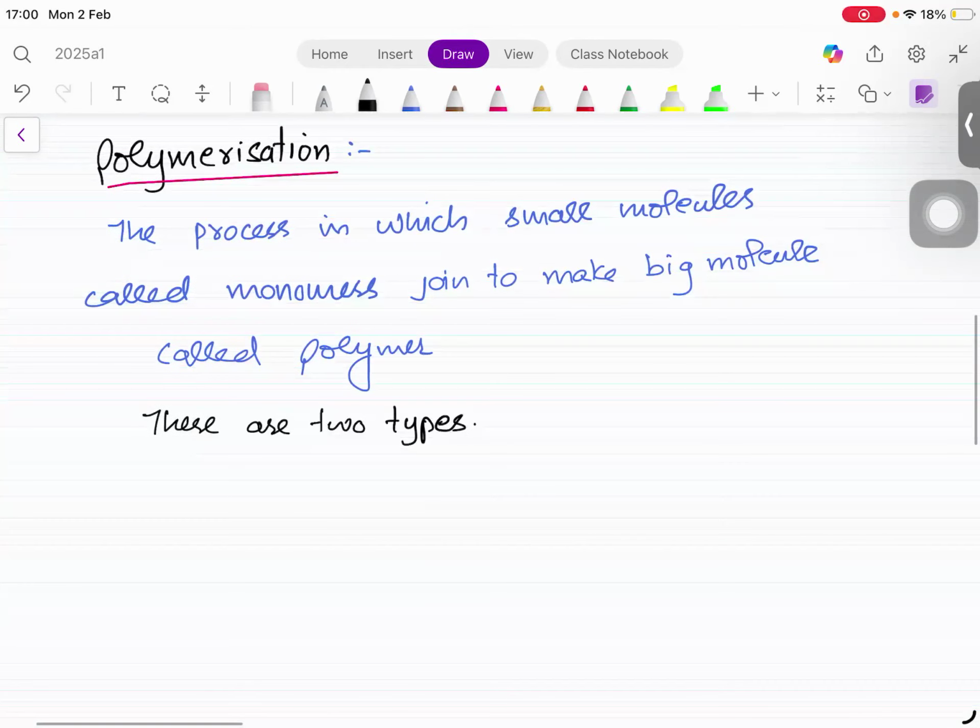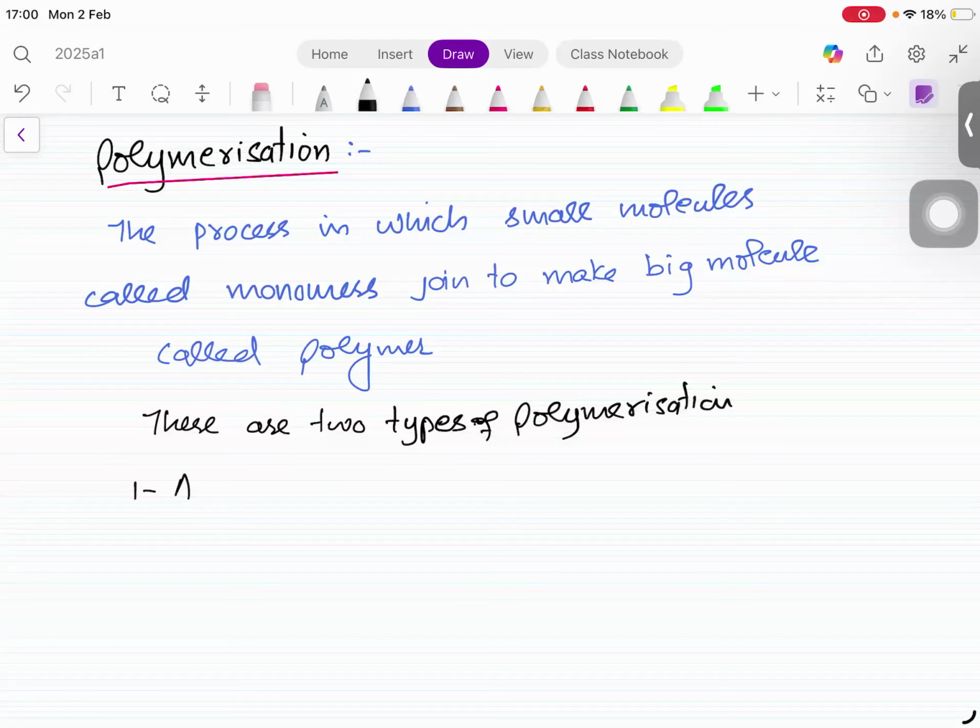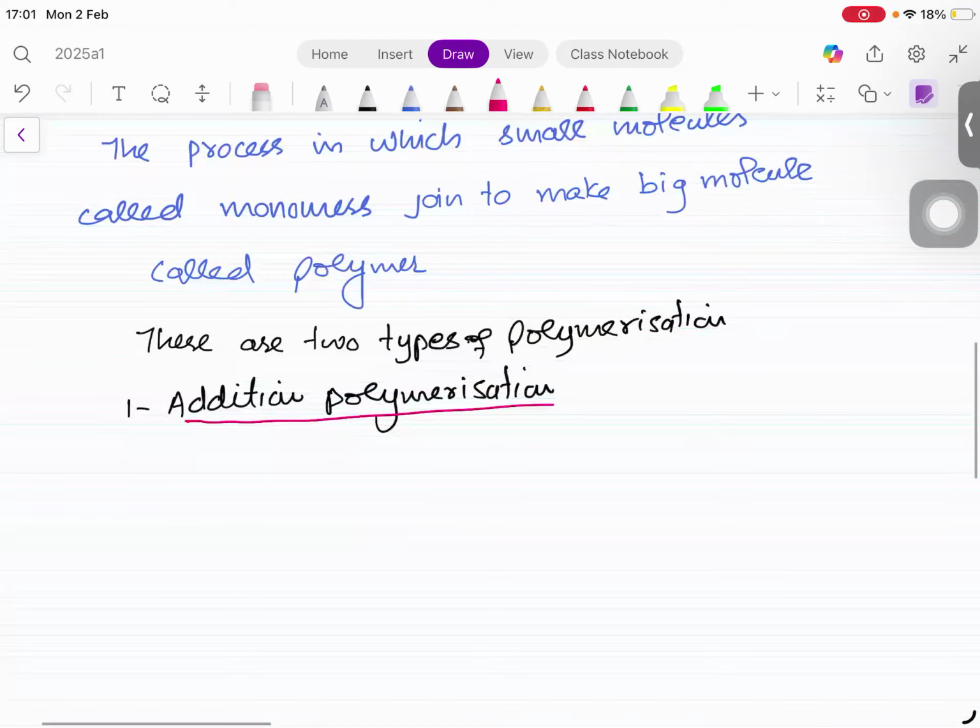There are two types of polymerization. Number one, addition polymerization. Number two, condensation polymerization.